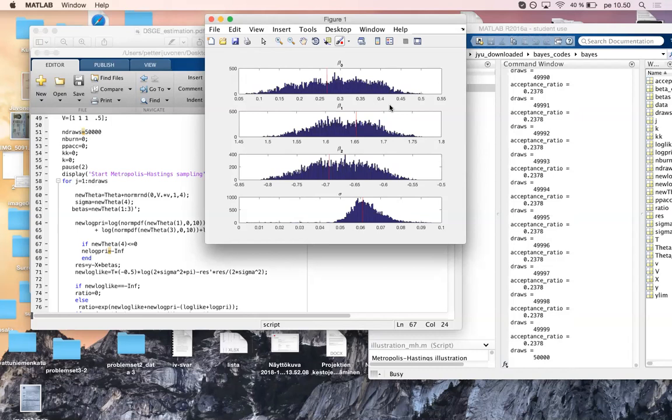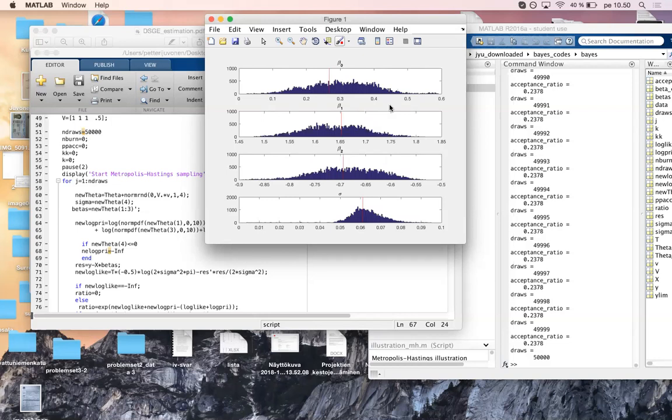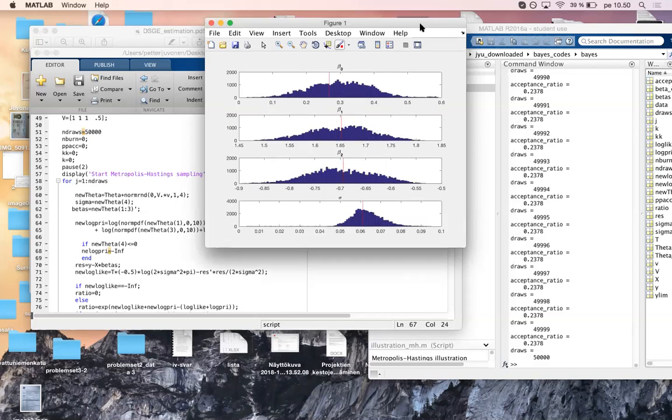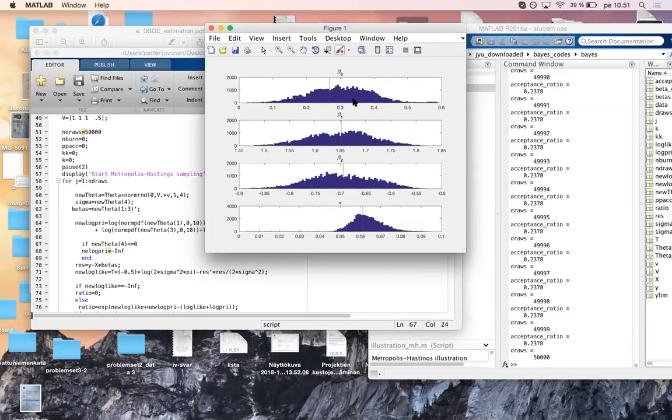And now we have 50,000 draws done, which was our number of draws for the simulation. And these are the posterior distributions we obtained from this simulation. To obtain smoother histograms, we would need an even larger number of draws.